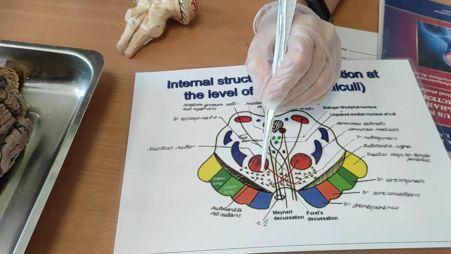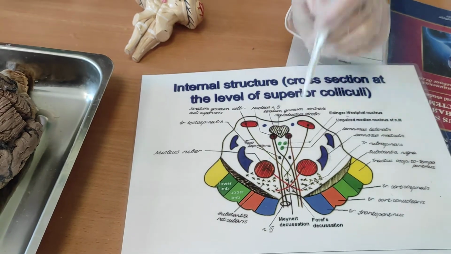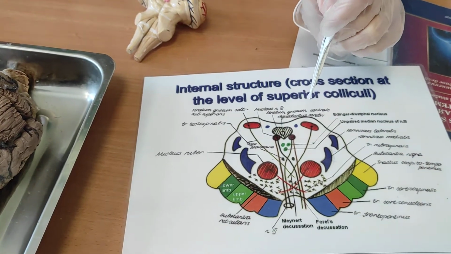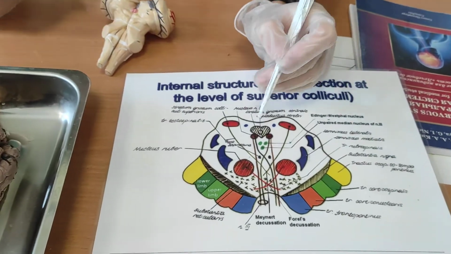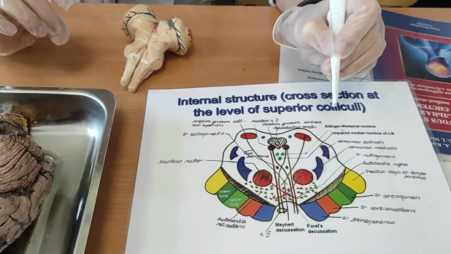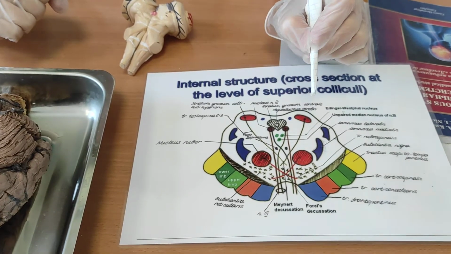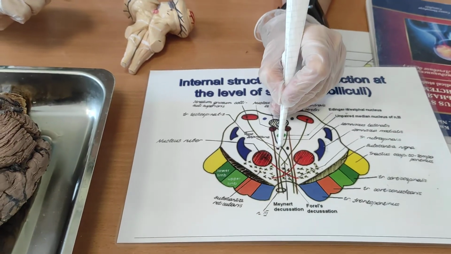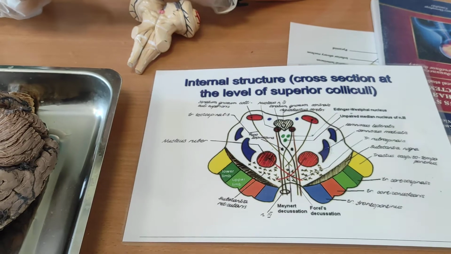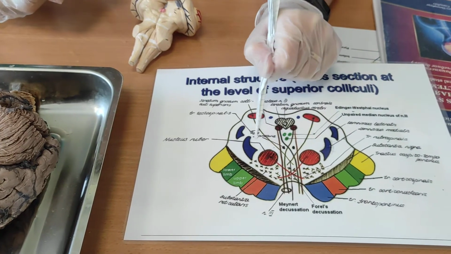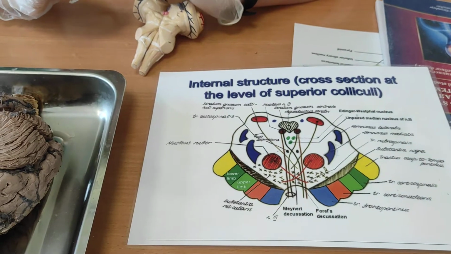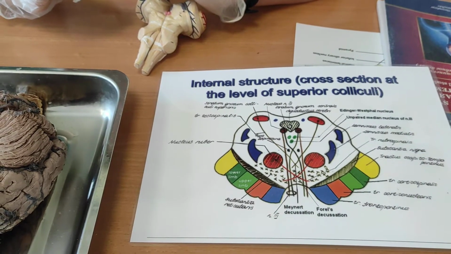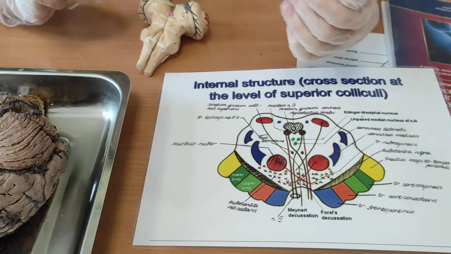The next group of nuclei is again the reticular formation, which is present here. I forgot to tell you, here there are 2 big nuclei of the reticular formation: the Darkshevich nucleus and the Kagel nucleus. The Darkshevich nucleus is located exactly in the midbrain, and the Kagel nucleus, in some books it's written that it belongs to the diencephalon.